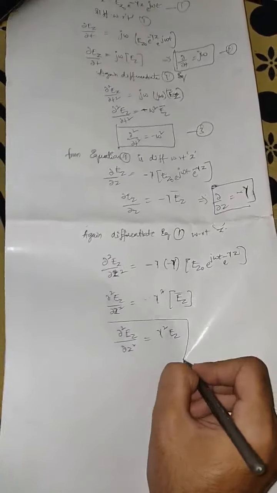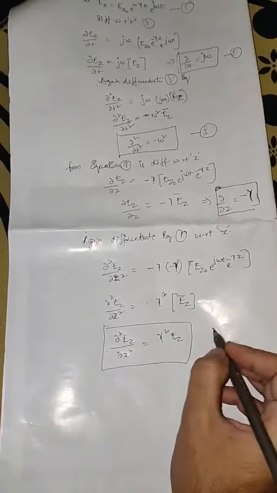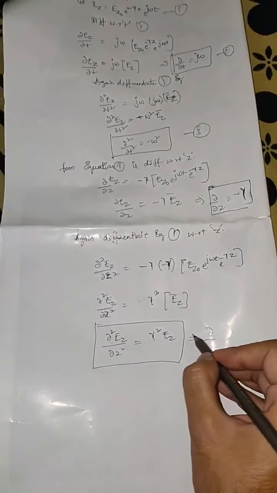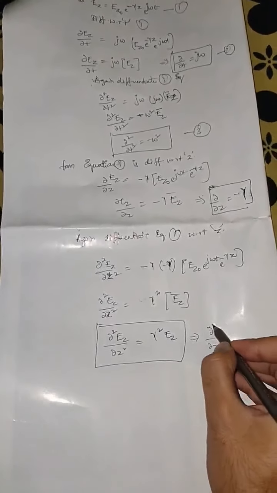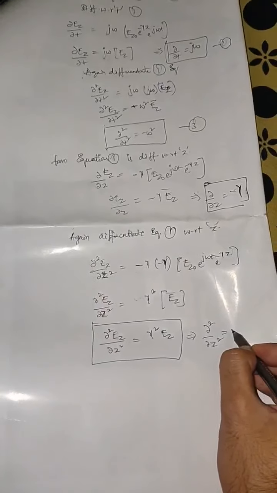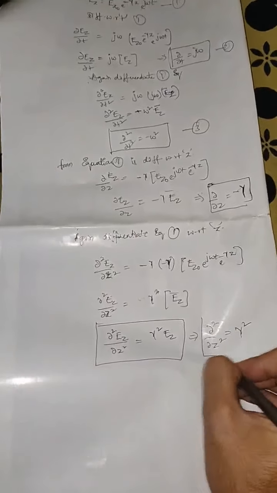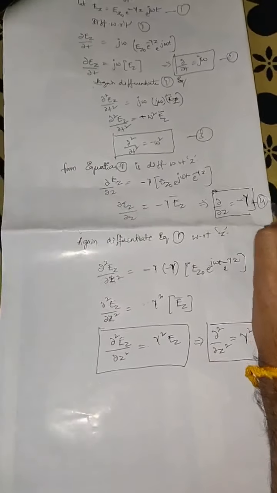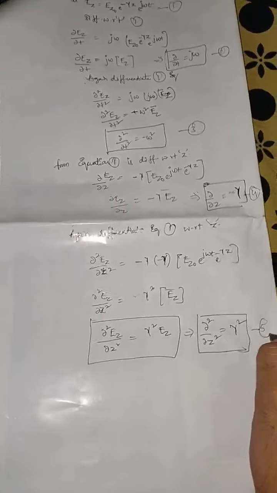This is another equation. By comparing, dou square by dou z square is nothing but gamma square. This is equation number 4 and this is equation number 5.